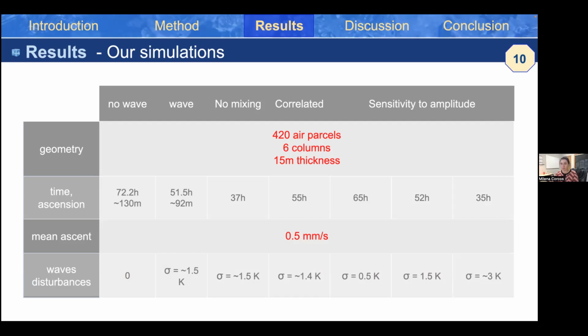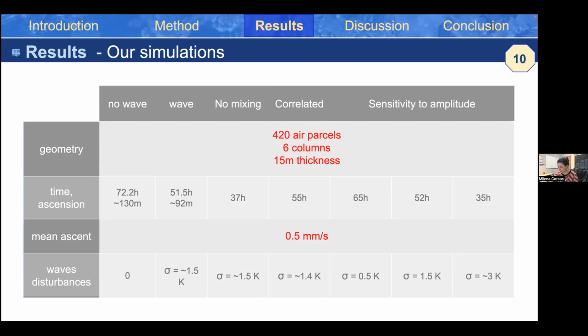The only two things we need to remember are, first, that all the simulations had the same geometry of 420 air parcels distributed among 6 columns with 15 meters of thickness. And they were all lifted with a mean ascent W bar of 0.5 millimeters per second, which is typical of a large-scale background ascent.